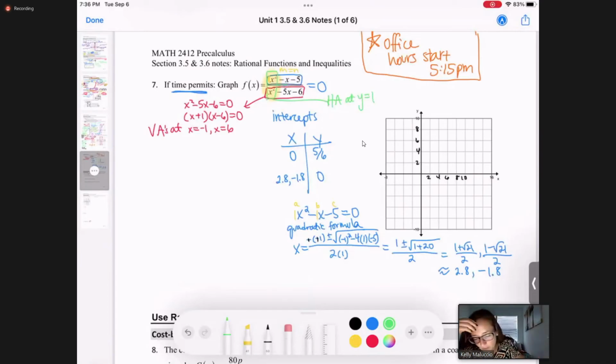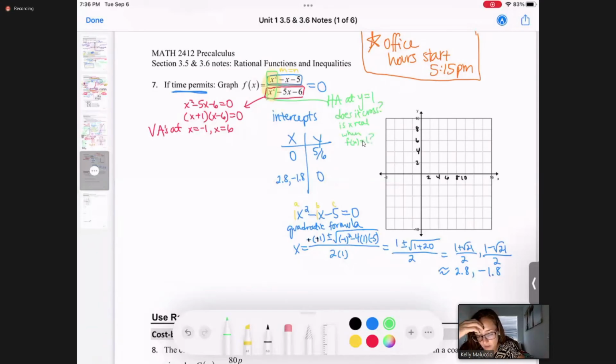And then if we want to say, does it cross? Well, we have to set f of x. So remember, the question is whether the statement is true when f of x equals 1.